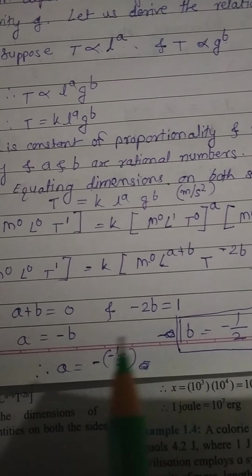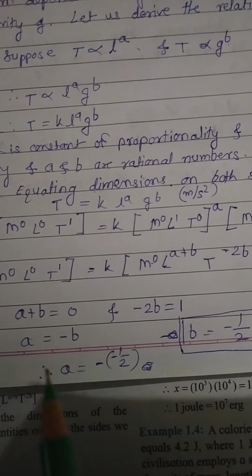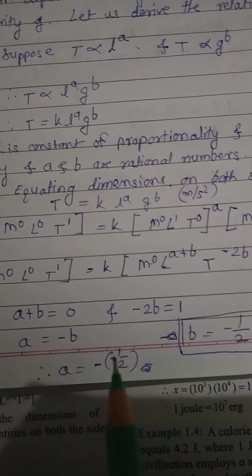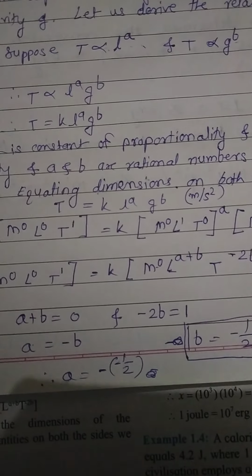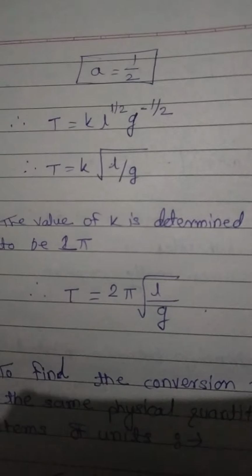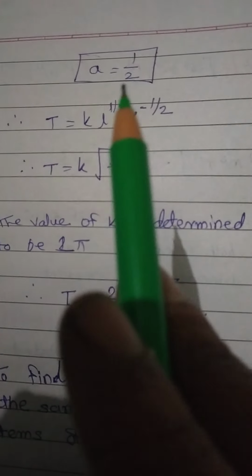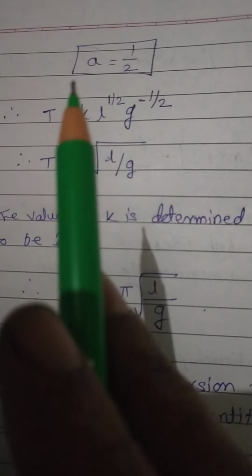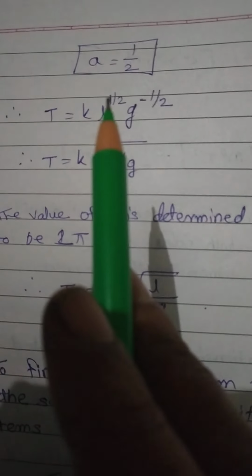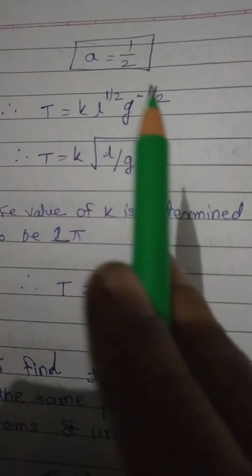So put the value of b in this equation and we get a is equal to minus of minus half, which means a is equal to plus half. So here we get a is equal to plus half and b is equal to minus half. So both suffixes we have found out, we put them in this equation.